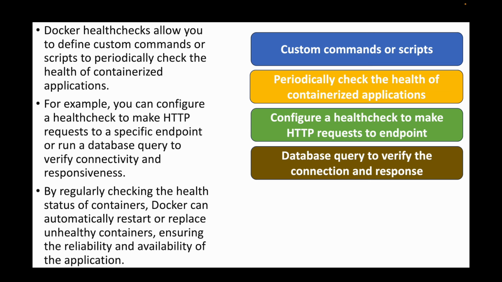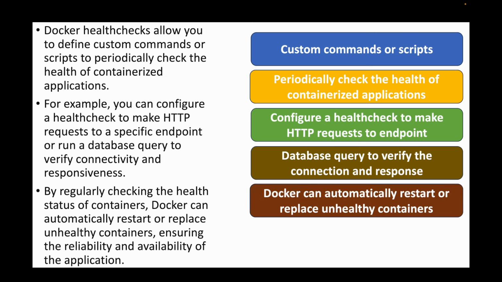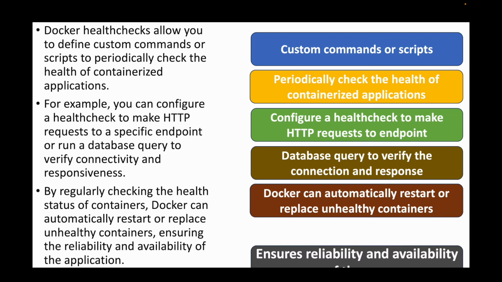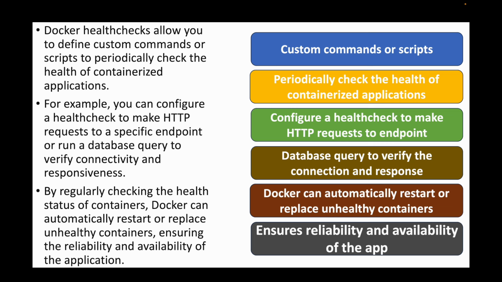So by doing these regular health checks on the containers, we can make sure that the containers are healthy, and Docker can automatically restart or replace your unhealthy containers. Okay, it takes care of that for us. So this ensures the reliability and availability of the application. Okay, so that's why health checks are very important, and it makes sure that the application is working as expected and we don't have any issues with the containerized applications.